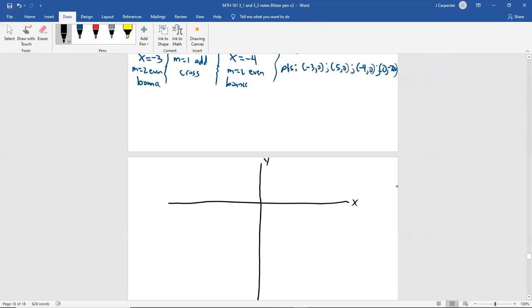All right, so -3, 0, so I need to go left 3. 1, 2, 3. There's -3, 0. Then we have 5, 0, so from the origin we go right. 1, 2, 3, 4, 5. There's our second point. Then we have -4, 0, so from the origin left 4.